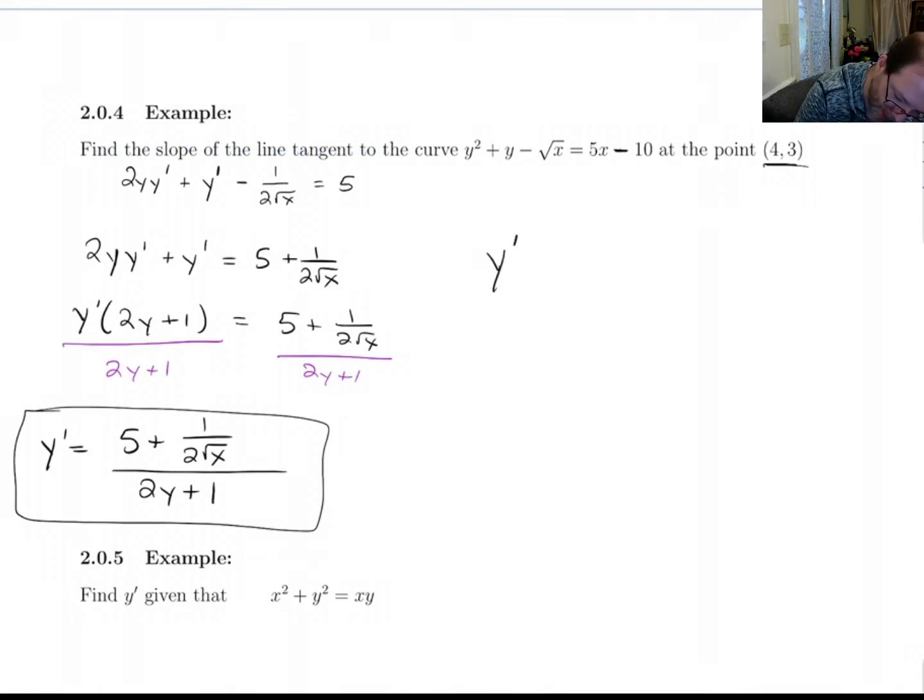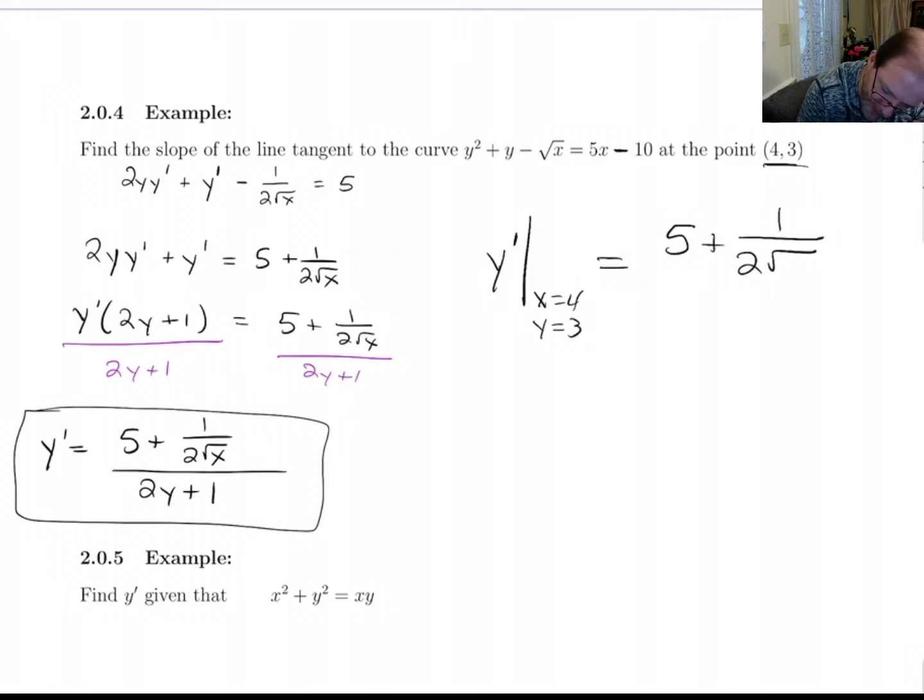So y prime evaluated at x equals 4, y equals 3 is going to be 5 plus 1 over 2 root x, x is 4, divided by 2y plus 1. So 2 times 3 plus 1.